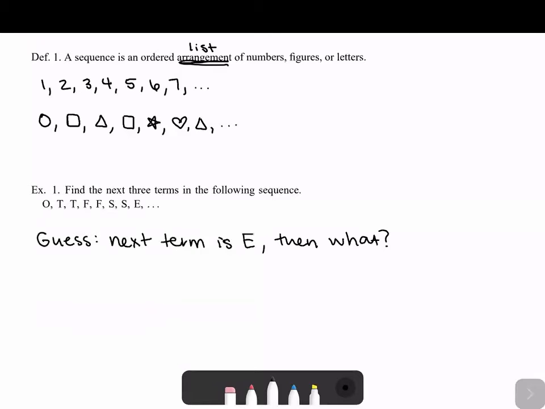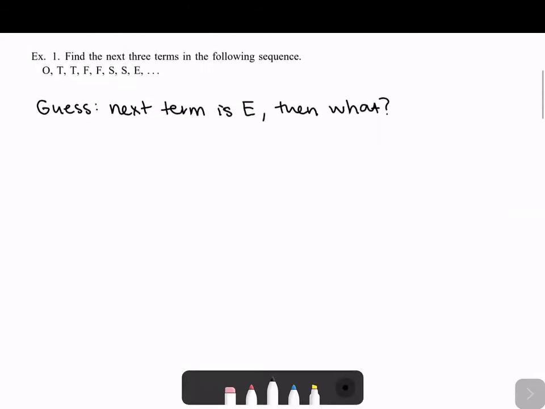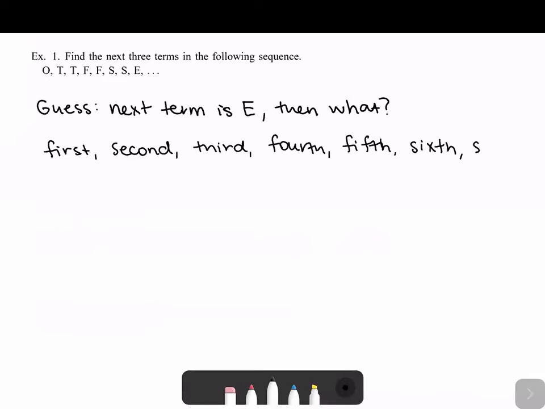Do you hear a pattern there? We have first, second, third, fourth, fifth, sixth, seventh, and eighth, and so on.